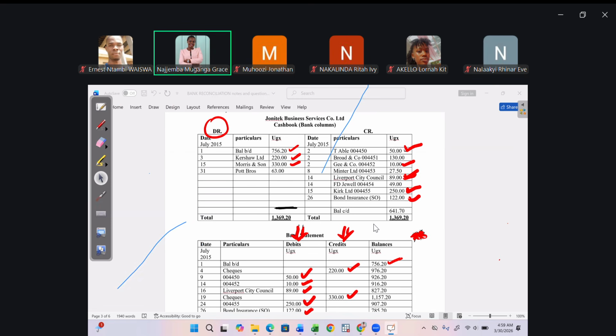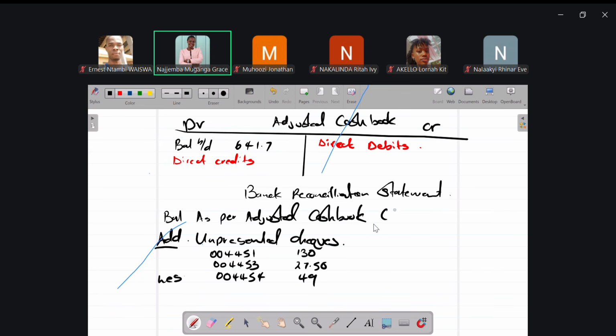So these had been credited in the cash book, and yet this money was not paid. So we add it back.